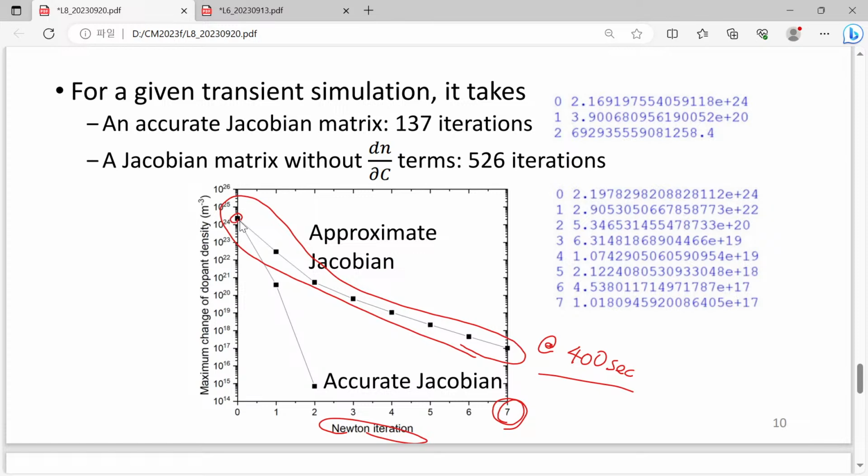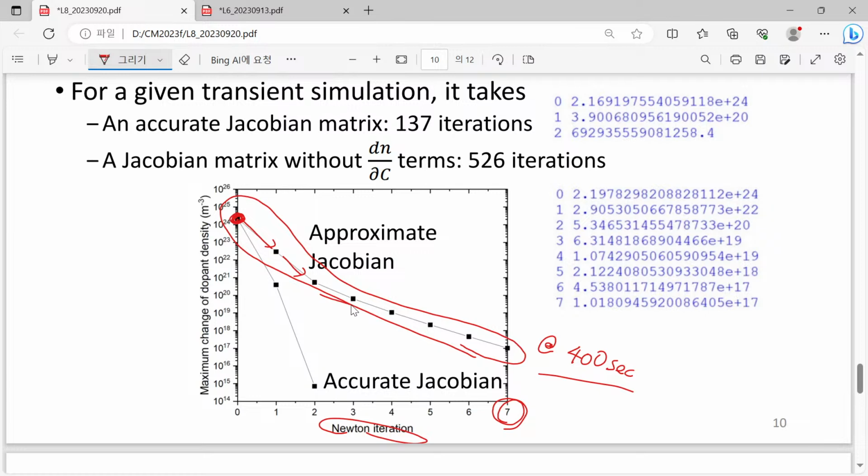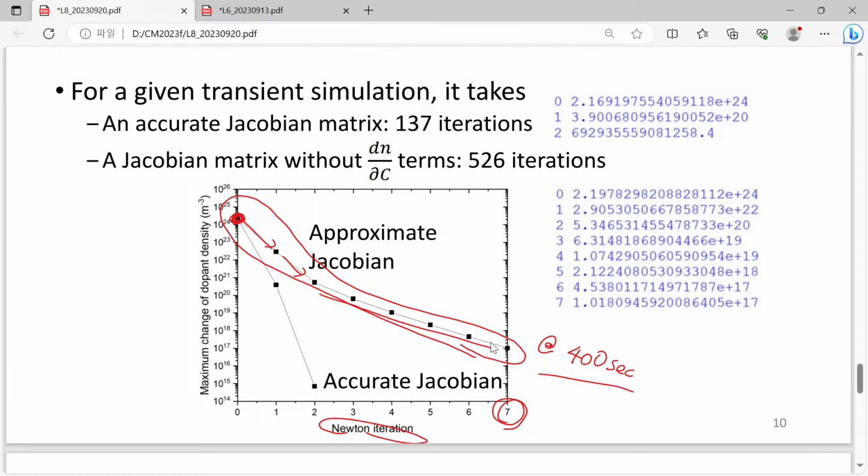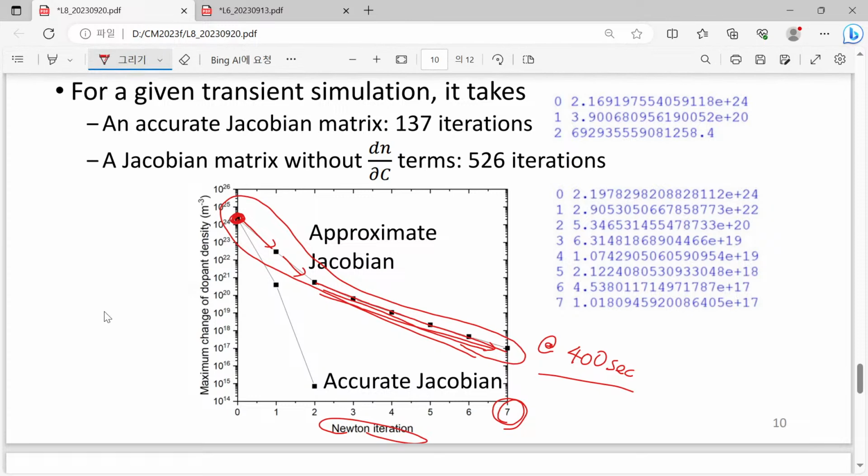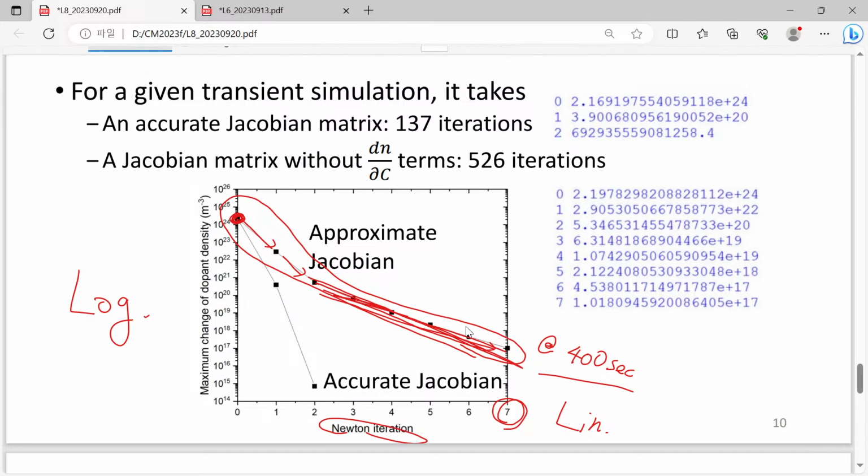Starting from one given update vector, it first decays rapidly. However, later the speed of reducing the error or update vector decreases. So you have more or less a linear graph in this semi-logarithmic graph. Here we have log scale, and here we have linear scale, and in this case typically you have a straight line.